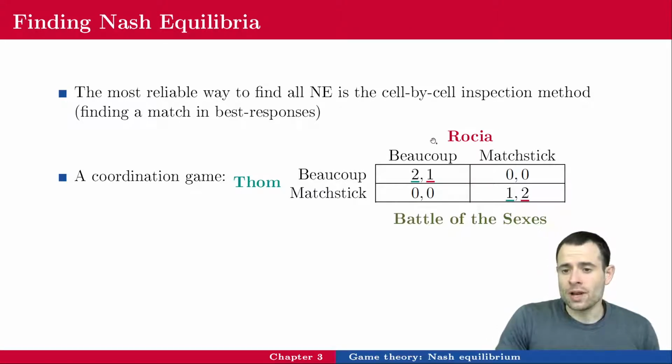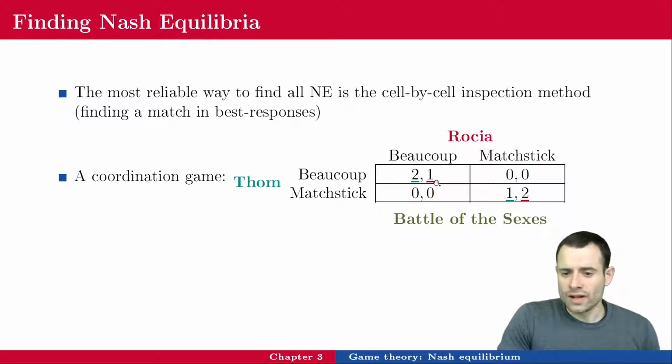If Rosia plays Boku, Tom can go to Boku and get 2, or go to matchstick and get 0. 2 is better than 0. So Tom's best response when Rosia goes to Boku is to also go to Boku. So I underline the 2 here in the same color as Tom's color to show that when Rosia plays Boku, Tom's best response is to play Boku.